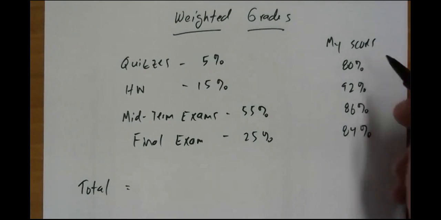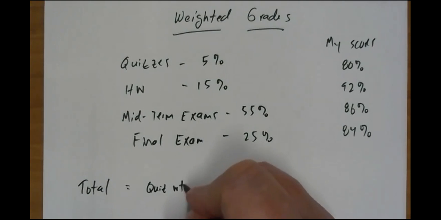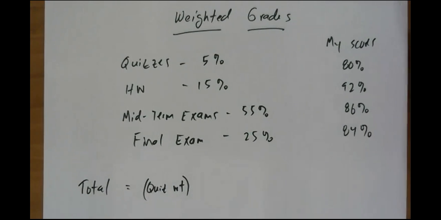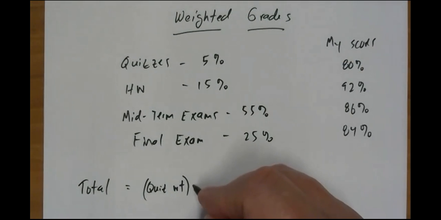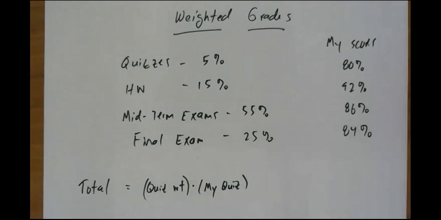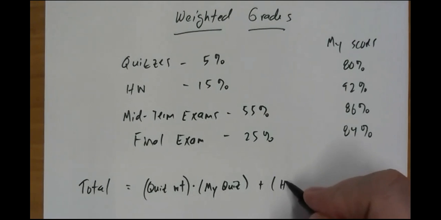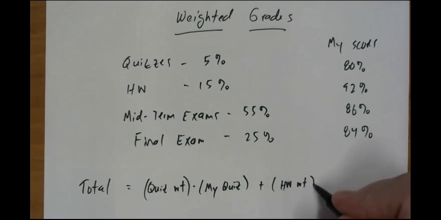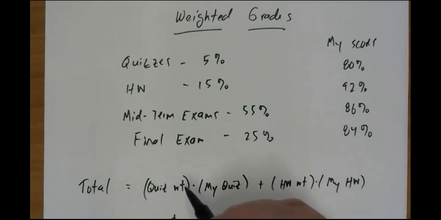I'm going to take the weight of the quiz score times, I'll call it my quiz score. I'm going to add to it the homework weight times my homework score.